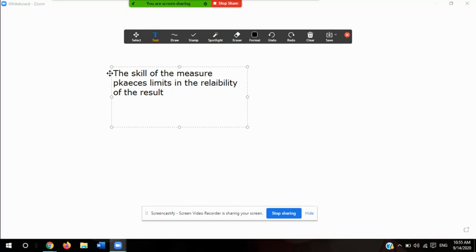There's always that error when someone is using any type of instrument, especially in chemistry, which sometimes can be tricky, especially if you're working with certain chemical reactions. The other thing, it says that conditions of measurement also affect the outcome.